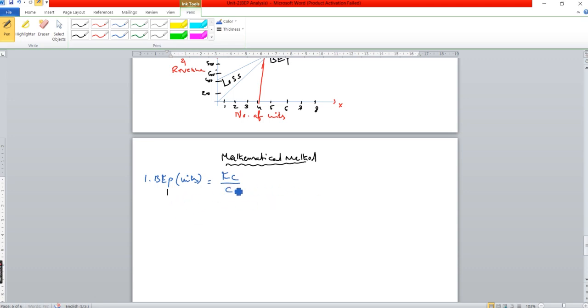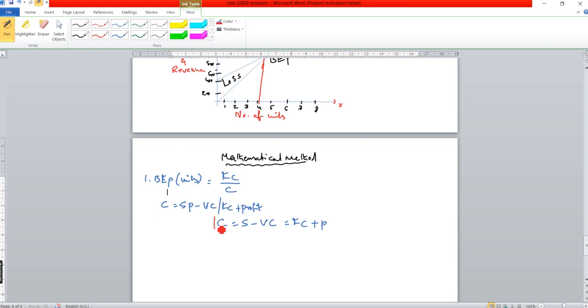So how to calculate the contribution? We know that fixed cost is directly given. Contribution can be calculated using this equation: selling price or sales minus variable cost. Alternatively, we can calculate contribution as fixed cost plus profit. So we can form an equation: contribution is equal to sales minus variable cost, which is equal to fixed cost plus profit.